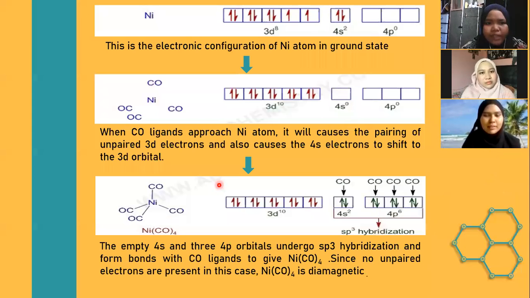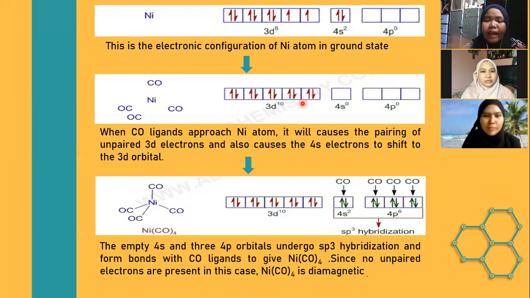In the first picture, we can see the electronic configuration of the nickel atom in the ground state, which is 3d8 and 4s2. In the second picture, we can see that the d orbital is now fully occupied. How does this happen? CO is a strong field ligand. So when CO ligands approach the nickel atom, they cause the pairing of the unpaired 3d electrons and also cause the 4s electrons to shift to the 3d orbital, so that the 3d orbital is fully occupied.